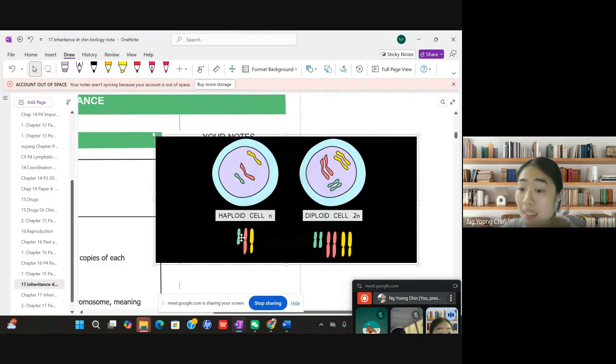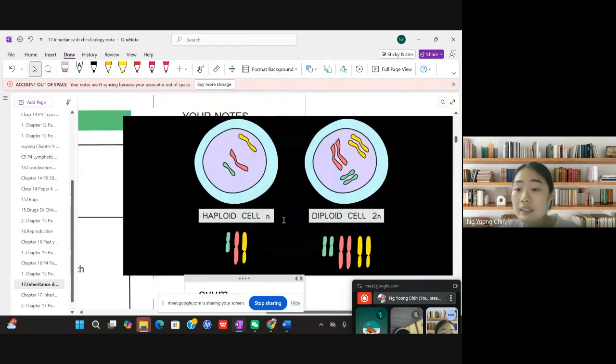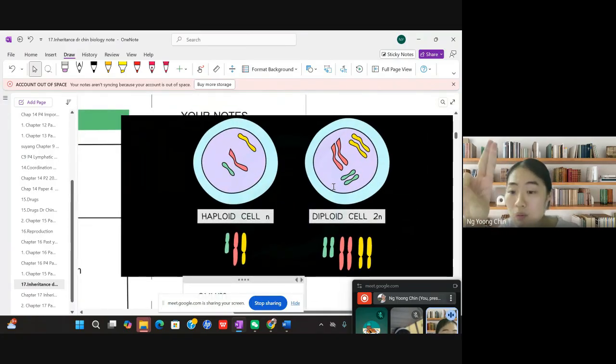For the haploid cell, there are only 3 types: your ovum, sperm, and pollen grain. They only have 1 set of chromosomes. Then how about the diploid cell? You can see they have two sets of chromosomes. You can see 1, 2, 1, 2, 1, 2. Two sets of chromosomes for each so-called diploid.